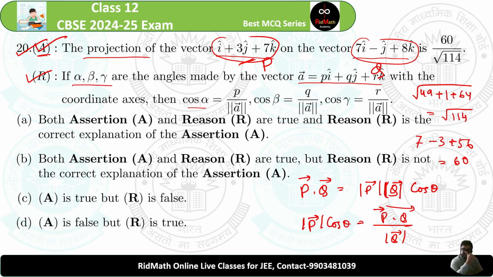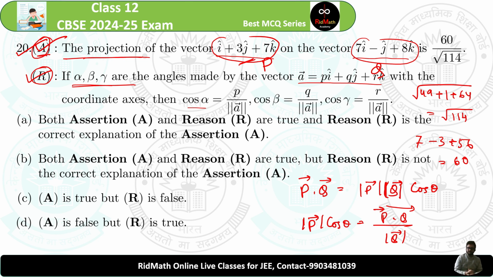So these two are both correct, but this is not the correct explanation. There is no relation between A and R. This is a different statement and this is a different statement, so R does not explain the fact that the projection of this vector on this vector is 60 by root over 114.